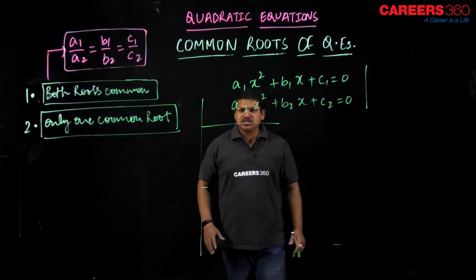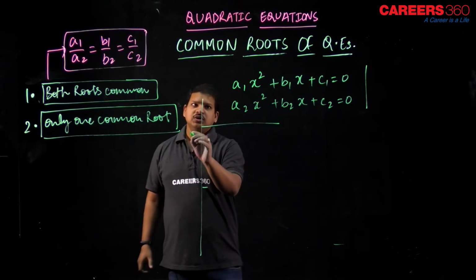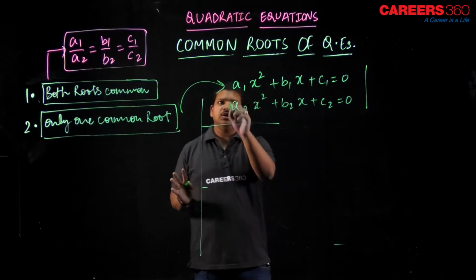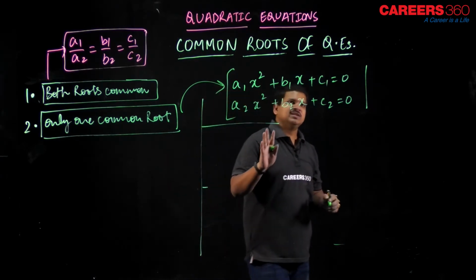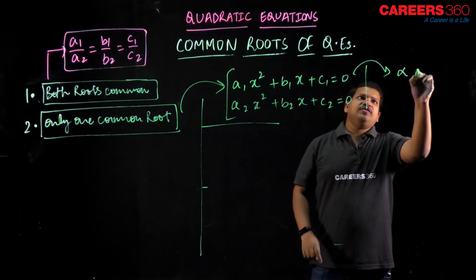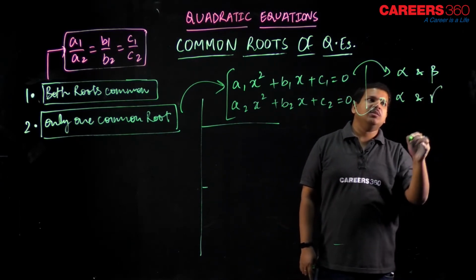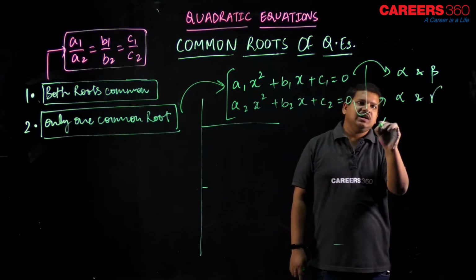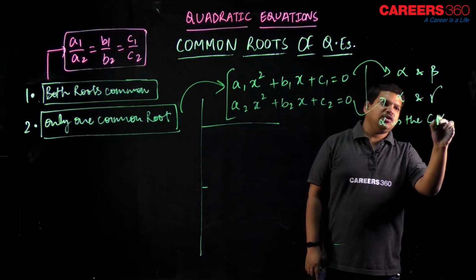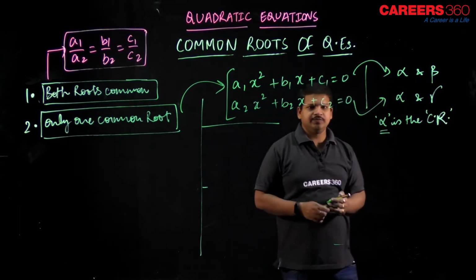Now proceeding towards our second condition, that is, what if only one root is common? So that is what we are going to solve now. What if only one root is common between these two equations, and let's say the roots of this equation are alpha and beta and roots of this equation are alpha and gamma. So as you can see, alpha is the common root over here, right?